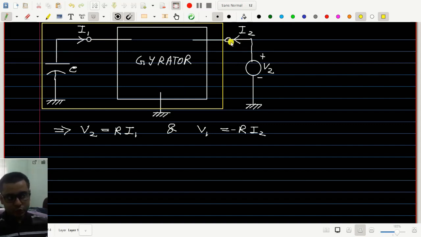Then we want to measure the impedance of this black box between this terminal and the common ground.